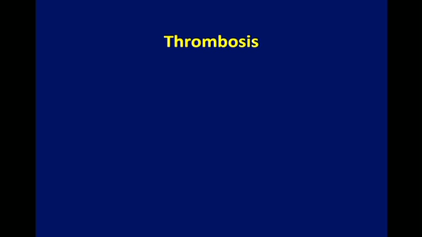That's the process of forming a thrombus, called thrombosis. Thrombus is one coagulated mass, and thrombi is plural. So if you hear me say that, thrombi means more than one thrombus.